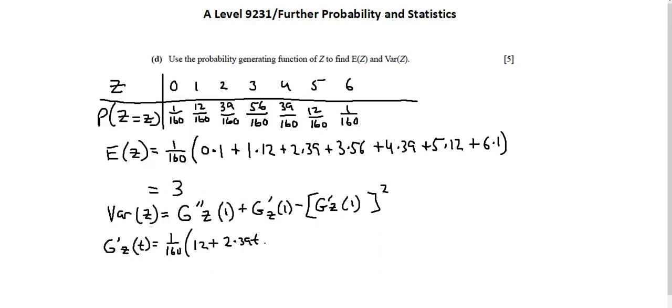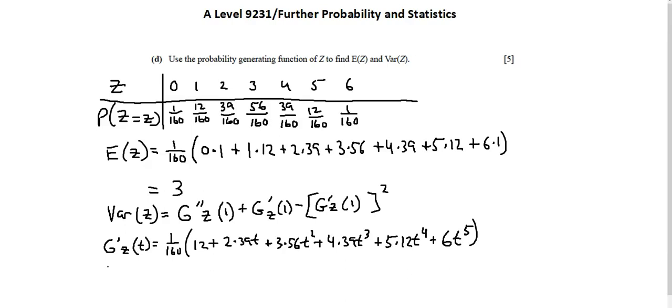Then 56t cubed, so that's 3 times 56t squared. Then 39t to the power of 4, 4 times 39t cubed. Then 12t to the power of 5 will be 5 times 12t to the power of 4. And then t to the power of 6 will be 6 times t to the power of 5.